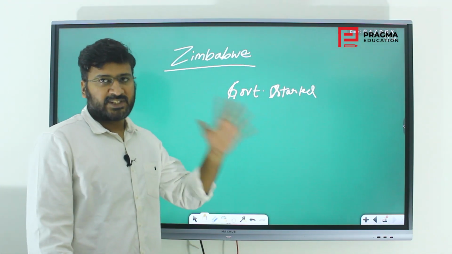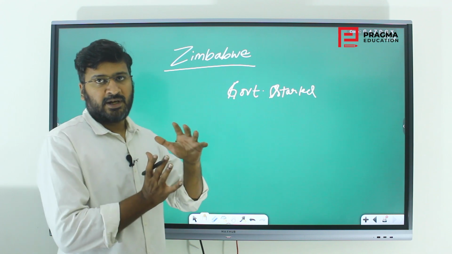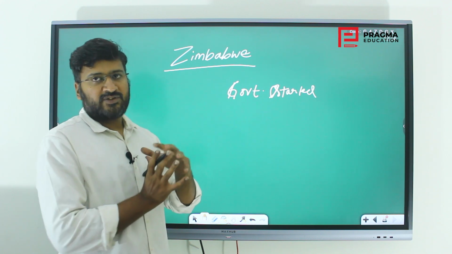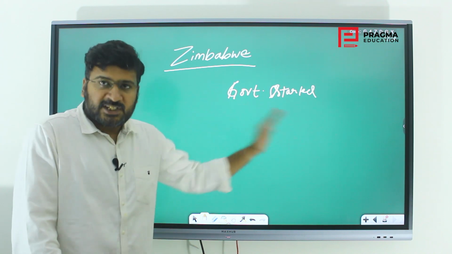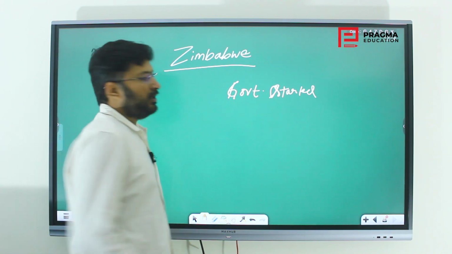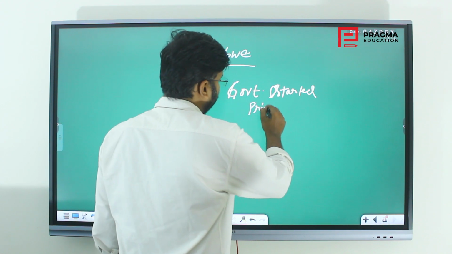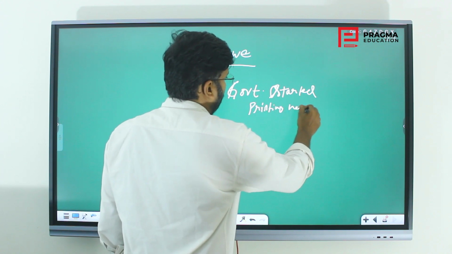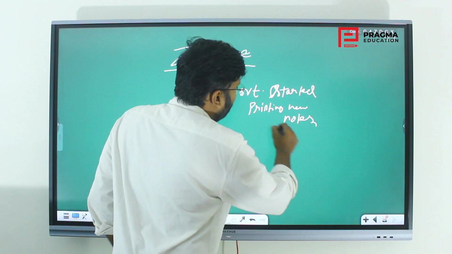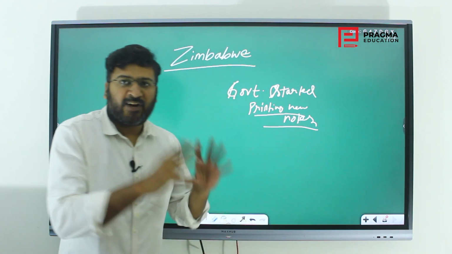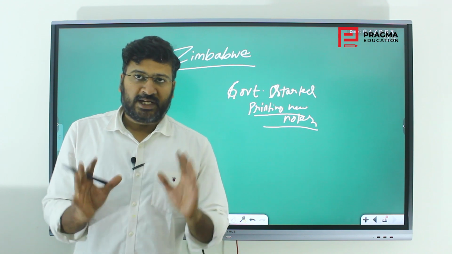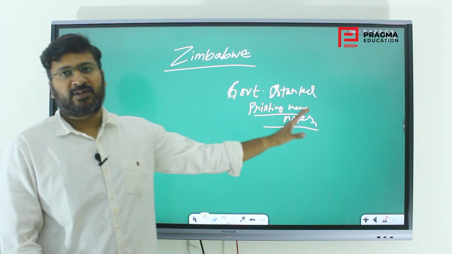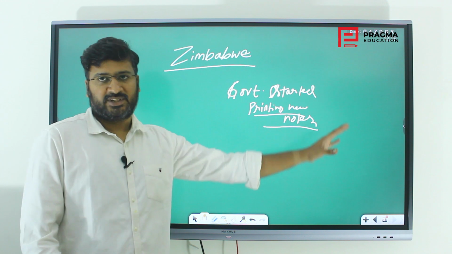When there is a lot of fiscal deficit, there are various ways to fill that deficit, and one of the worst ways is to start printing new notes. Because these notes will just inflate the prices, but they will not create value.